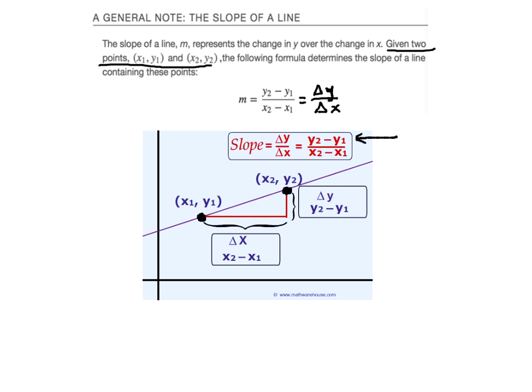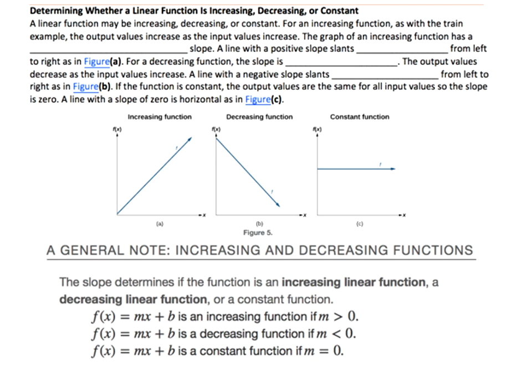Since I started with my second point in my numerator, I have to start with the second point in the denominator. So that's x2 minus x1 in the denominator. So this is the formula for deciding how much change has occurred vertically and horizontally between two positions on a function.